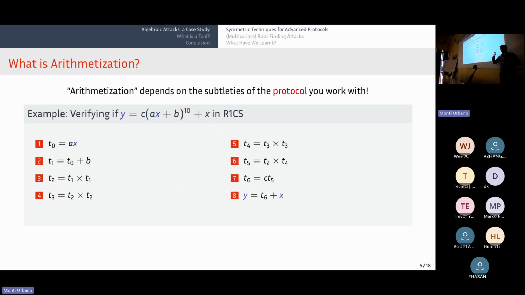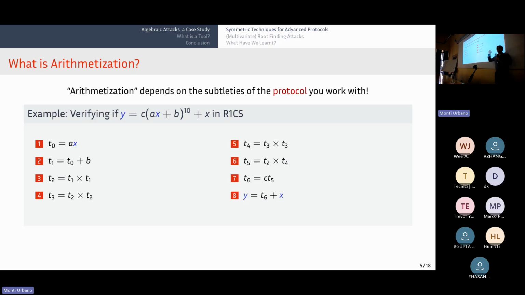You're only allowed in this case to use straight line programming. So all your operations can have only 2 operands. So it forces you to introduce intermediate variables.